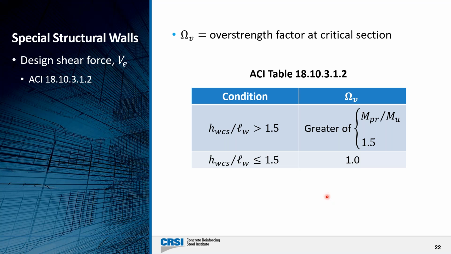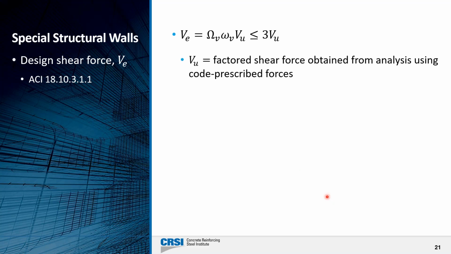So you've got to do this for 2 load cases, determine that M sub PR. And I could tell you from doing quite a number of these walls, what I would certainly recommend, at least in your first pass, is to design the wall for 3 times V sub U. More often than not, when you go through all of the work and calculate M sub PR and then include the lowercase omega V, it's more than likely going to be larger than 3 V sub U anyway.